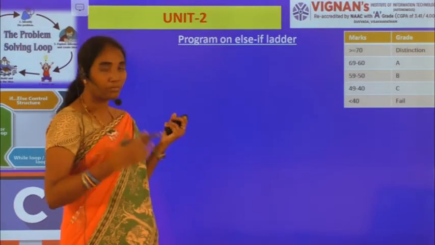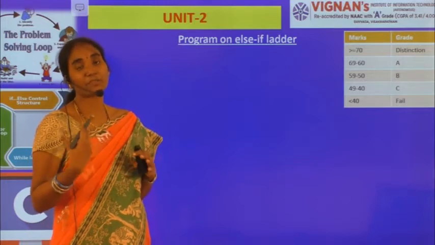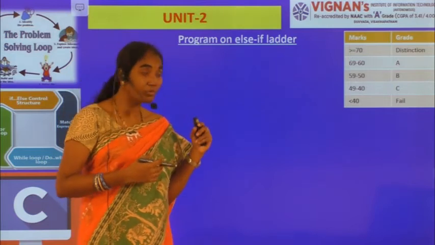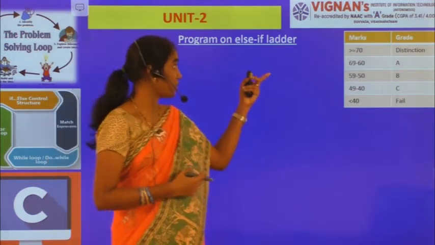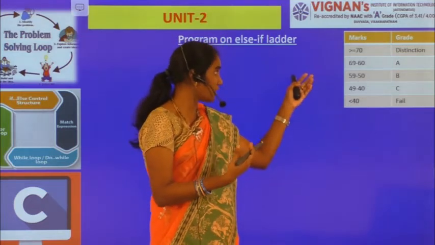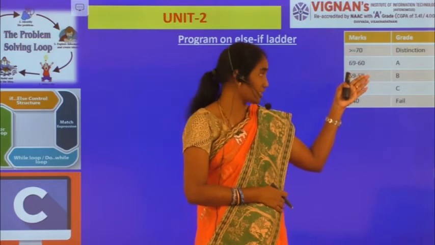So here I want to write a program to display the grade of the student, and that grade I'm going to give with the help of this table. If his or her percentage is greater than or equal to 70, then I am writing it as a distinction.